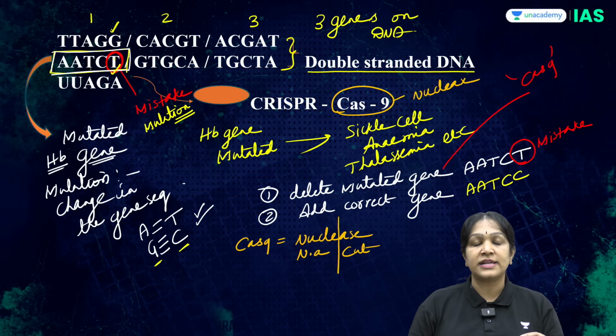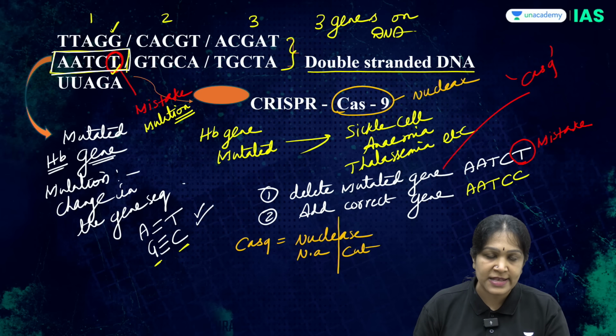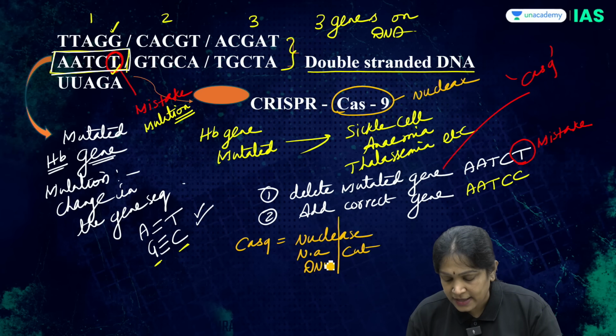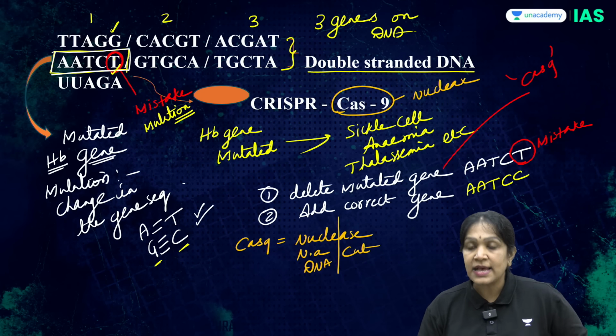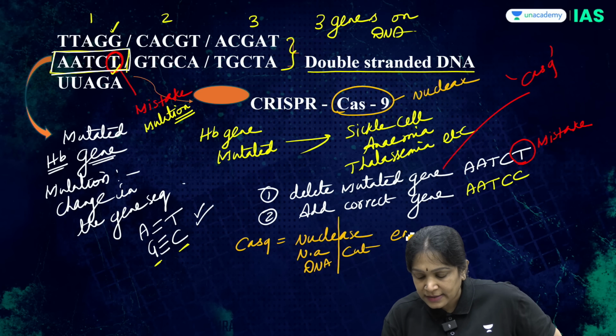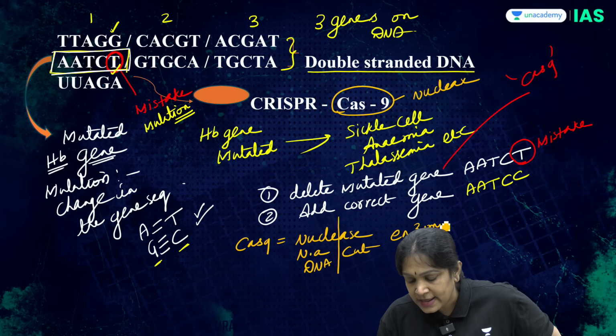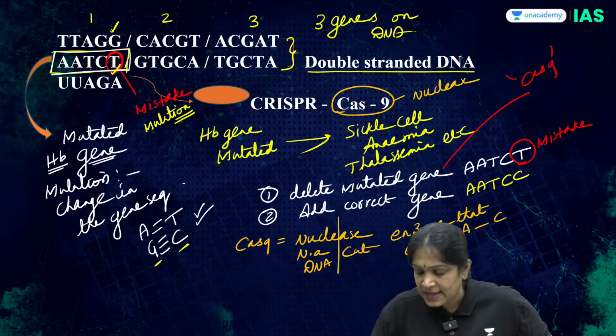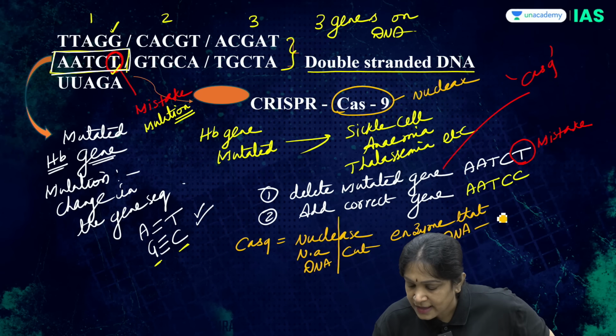Which nucleic acid? We have two types of nucleic acids, DNA and RNA. It will cut the DNA. So Cas9 is an enzyme that cuts the DNA. Means Cas9 is like a scissor.